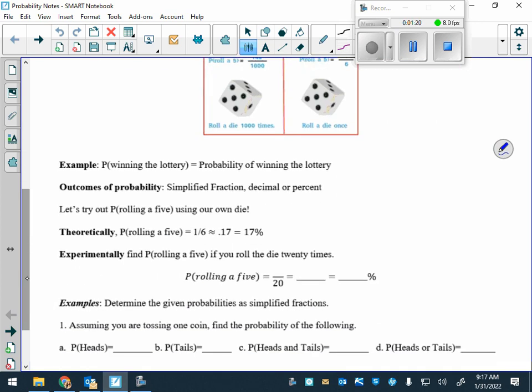Anytime we are describing probability, the notation is important because when you see the P in front, that stands for probability, and that puts in your mind that you should express it as a decimal, reduced fraction, or a percent. Okay, so probability is either as a percent, as a fraction, or as a decimal.